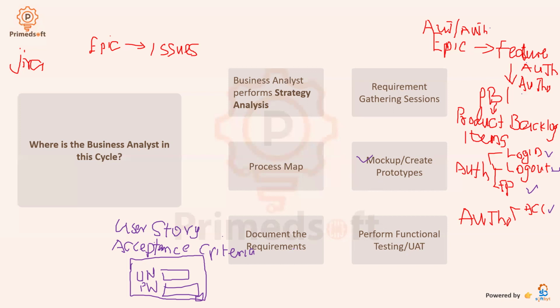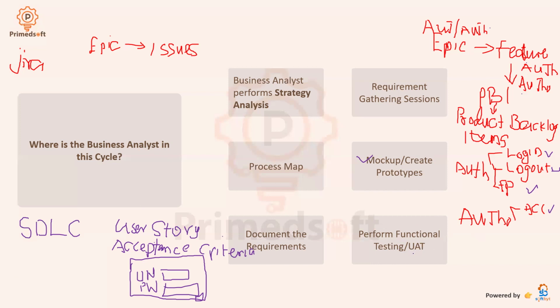So when you are done with this, the next thing you're going to do in the software development lifecycle, I'm sure you have heard of it, SDLC, software development lifecycle. We have a video on it on YouTube. The next function you're going to do there is called performing functional testing and UAT.